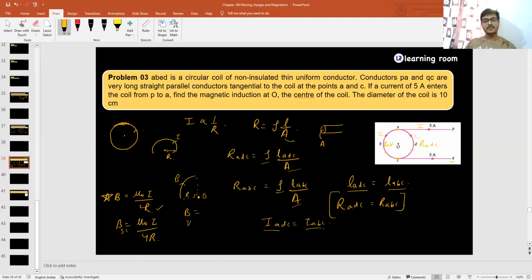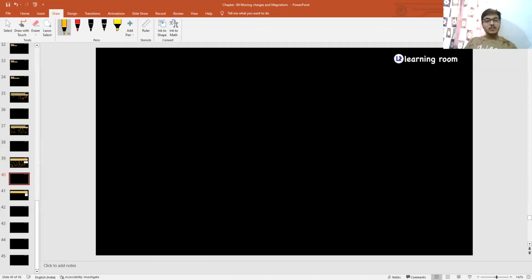Tell me. Mu naught I by 8R. Good. Mu naught I by half of this, 8r. So to generalize this, I can write it as for 2 pi angle. For whole circle, the angle is 2 pi. You know that? You're preparing for JEE or NEET.